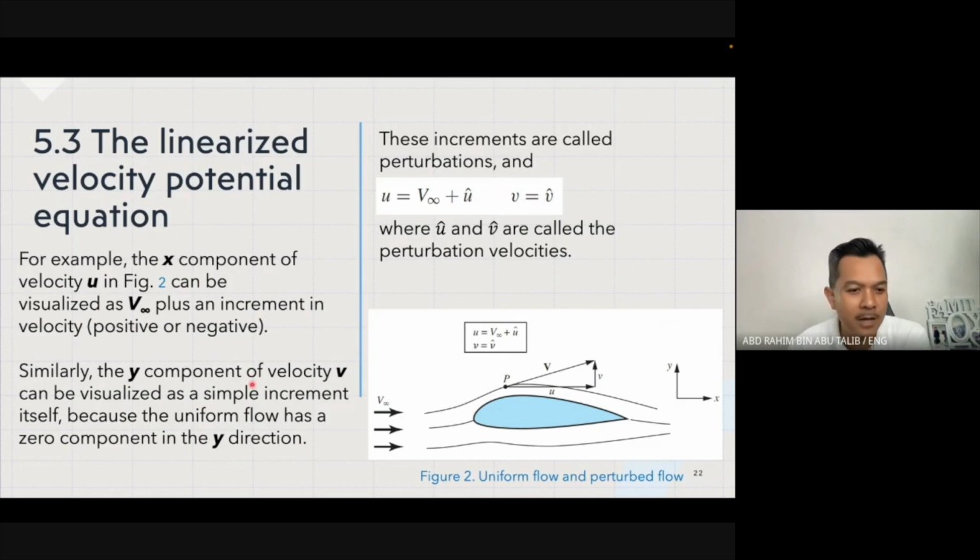Because there is a zero component in the Y direction. This is where the expressions for u and v are given.